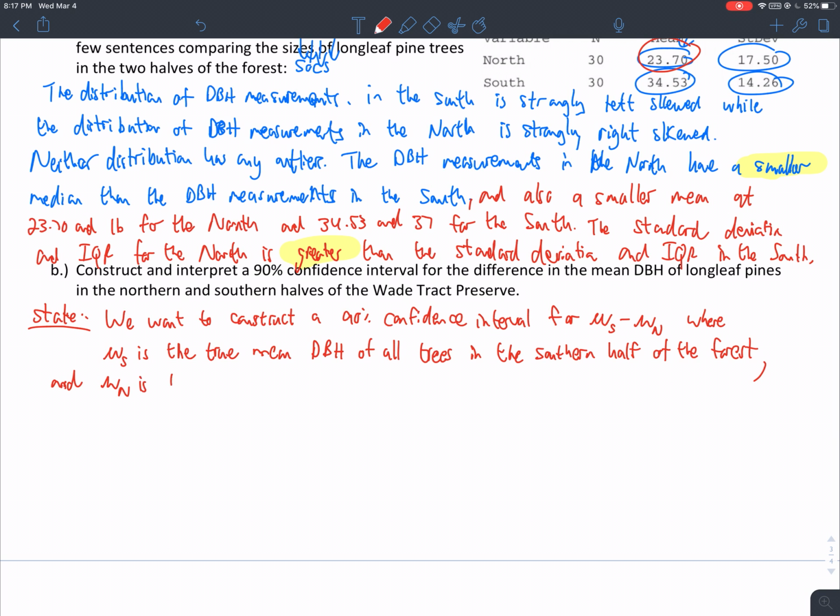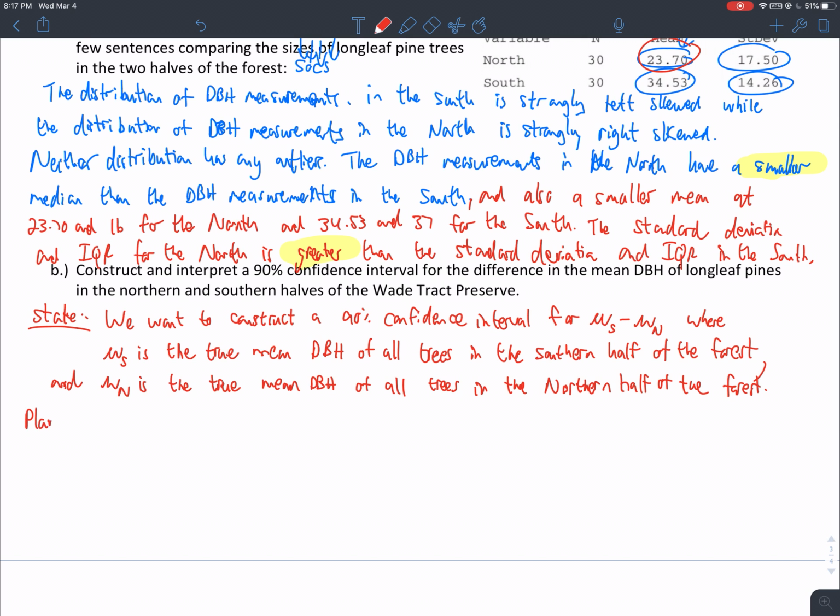Mu sub n is the true mean dBH of all trees in the northern half of the forest. Okay. Whew, that's a lot of definition before we can even start.